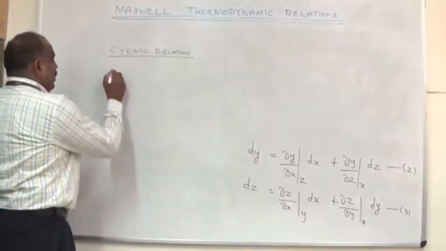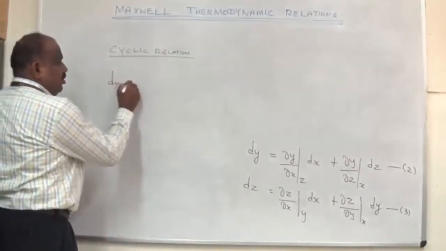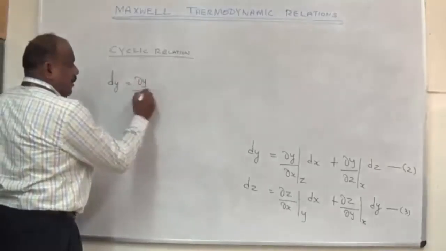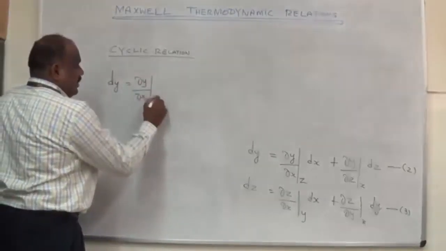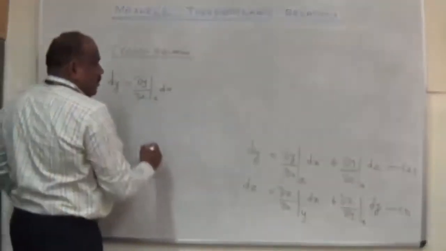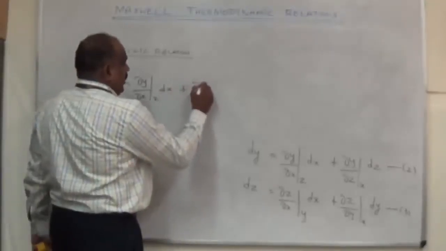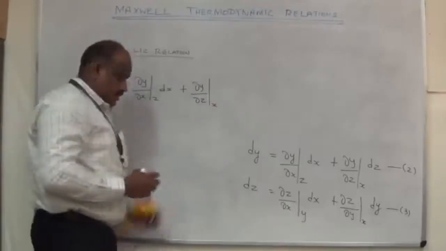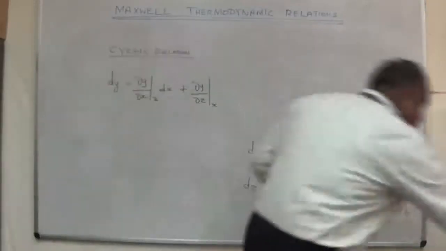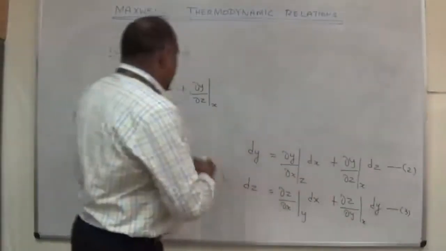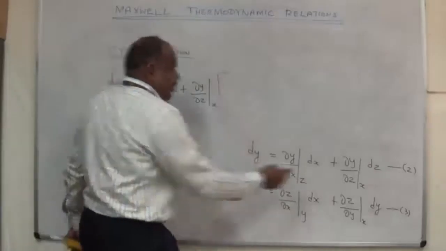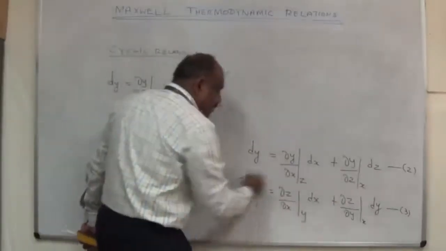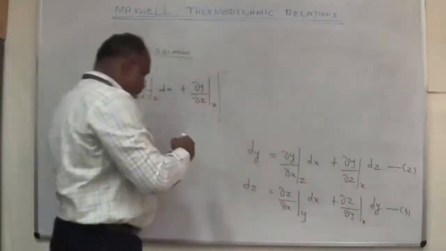So let us write dy equal to dou y by dou x at constant z into dx plus dou y by dou z at constant x. Now for this dz, I can substitute from equation number 3.